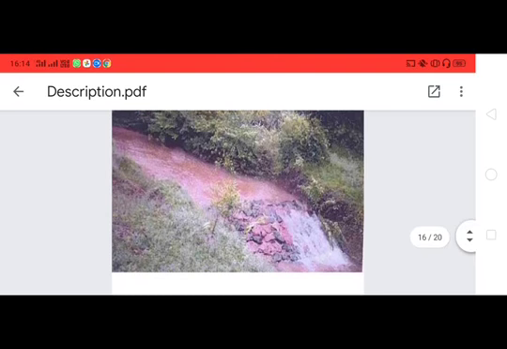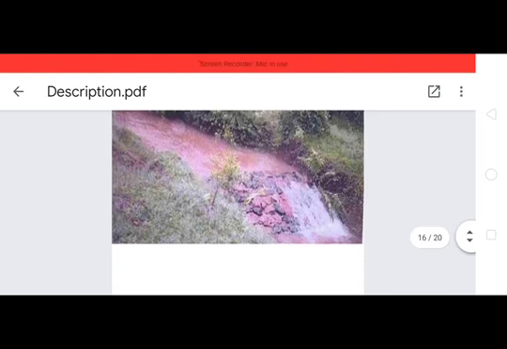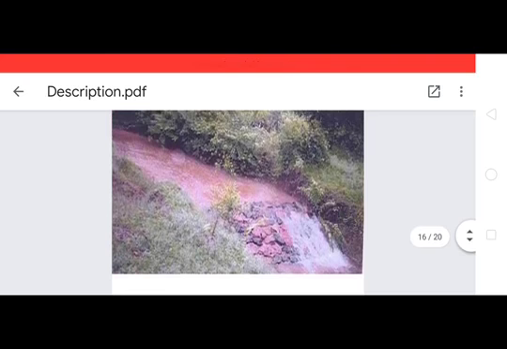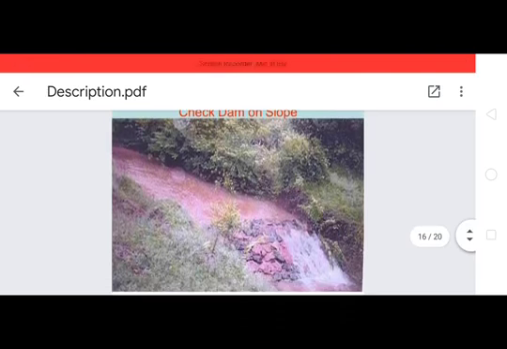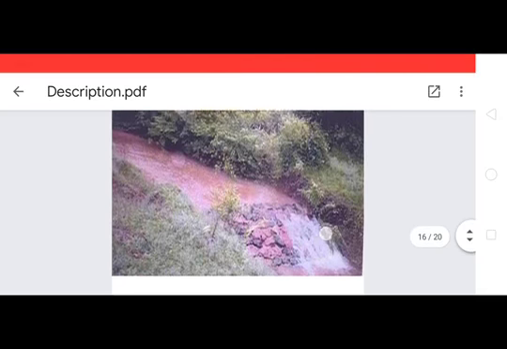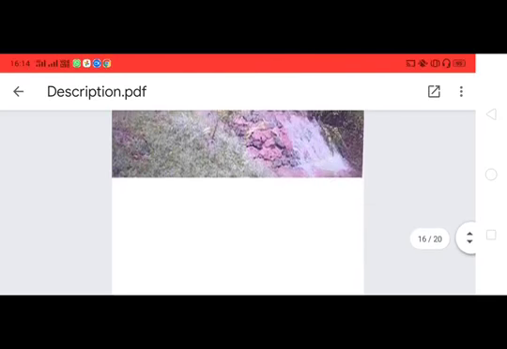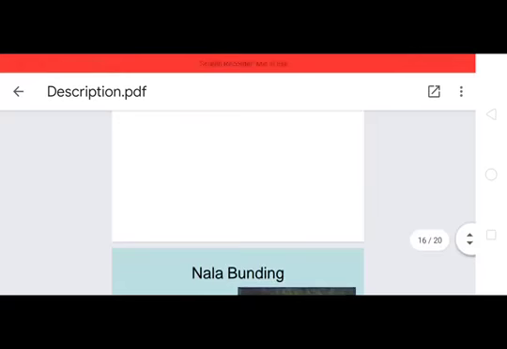So the velocity of water is interrupted and most of the energy of the water is dissipated along this slope, so the casualties can be reduced. So check dams are introduced as a slope on the path of water flow.